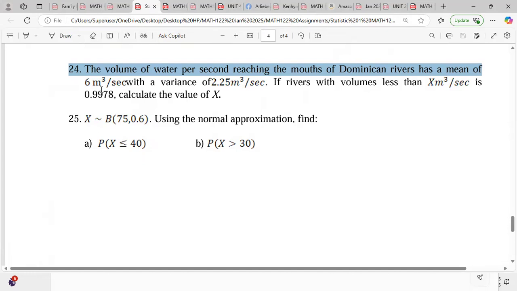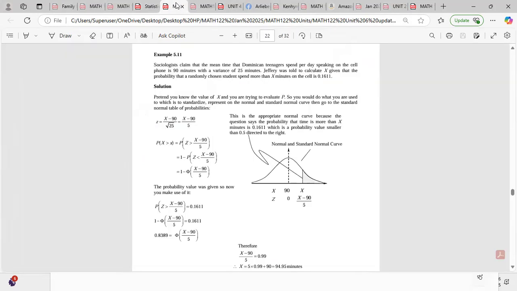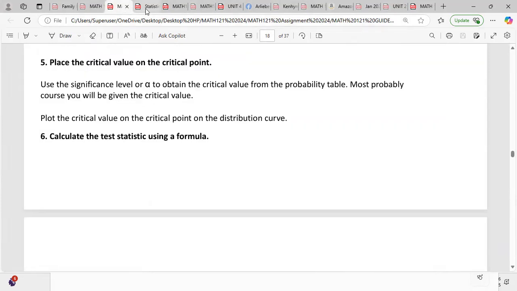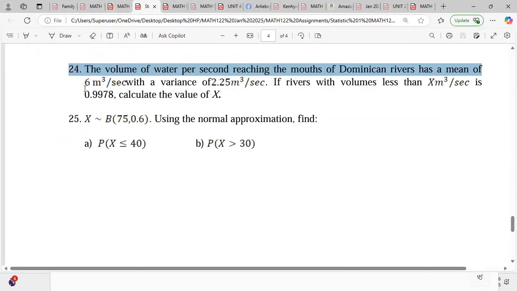So that for it to shade towards the left, a value of 0.99. Now this is a big chunk, so you do not have to subtract from 1, because you can find 0.9978 directly from your table to get the z. As you have experienced by now with previous questions, you need z so that you can solve for x, because you already have the mean, you have the standard deviation, okay?